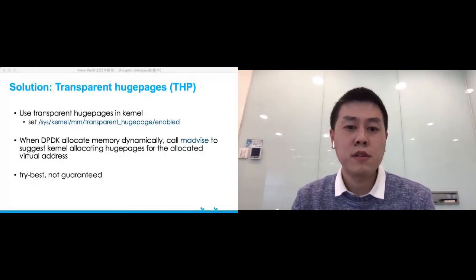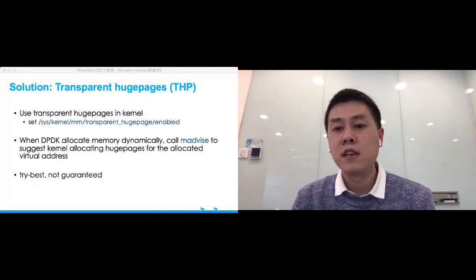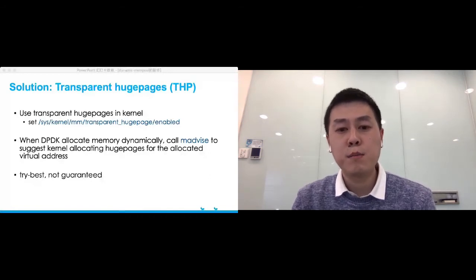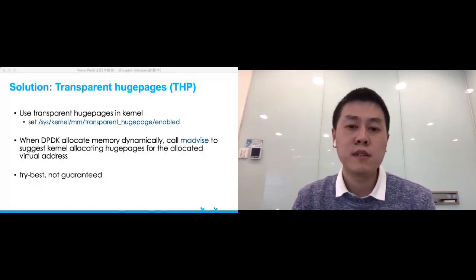However, transparent huge page is just a best-effort function, and the Linux kernel does not guarantee it would always allocate huge pages as advised. So even with this THP feature, the issue of non-compactable memory fragments could still exist at some times.